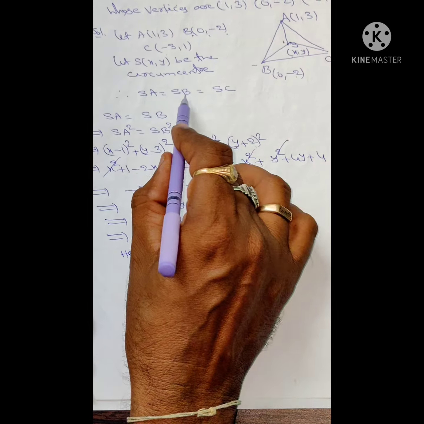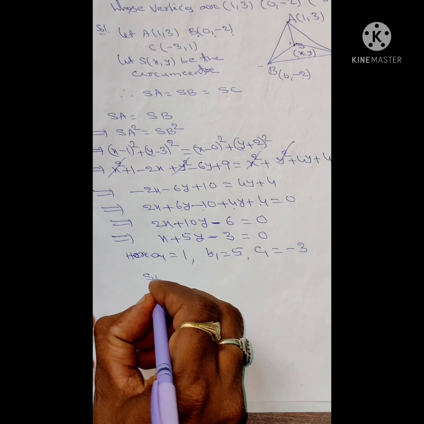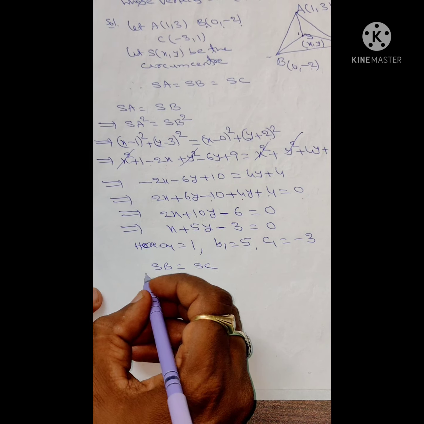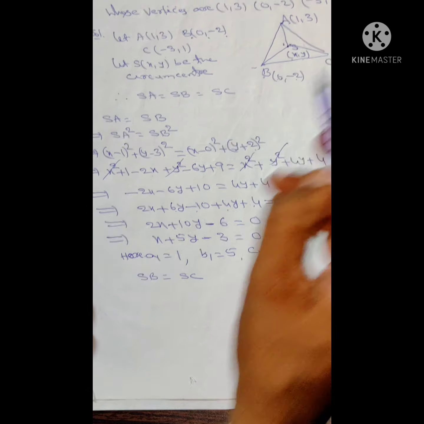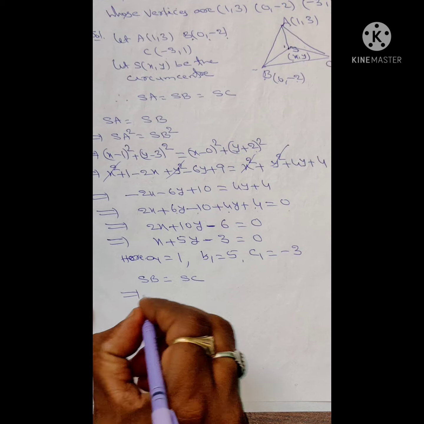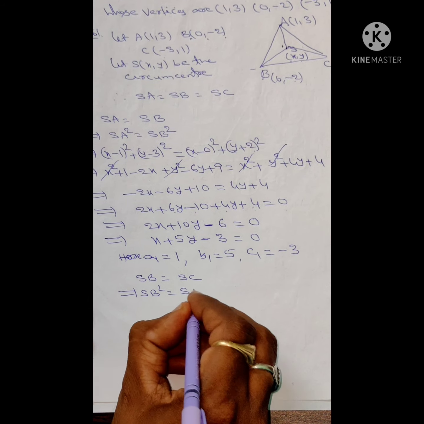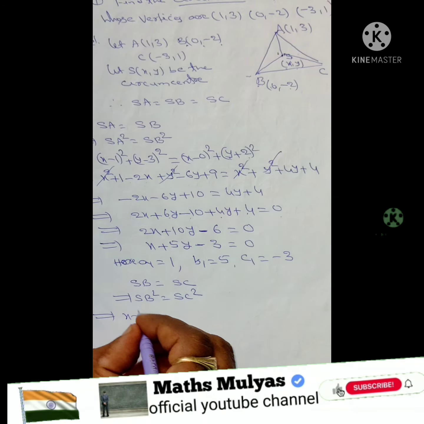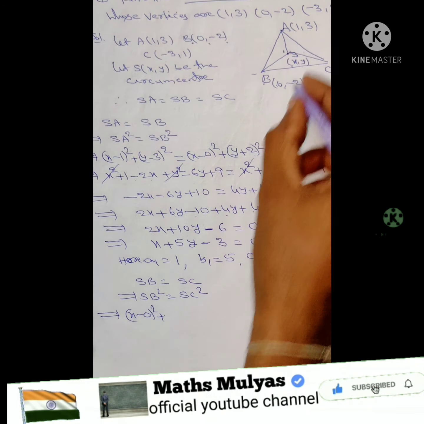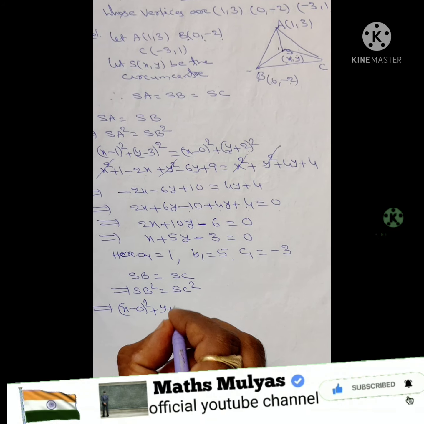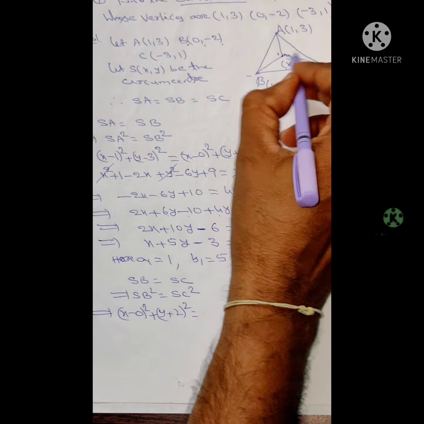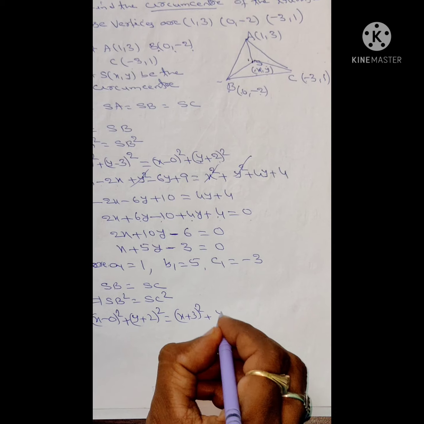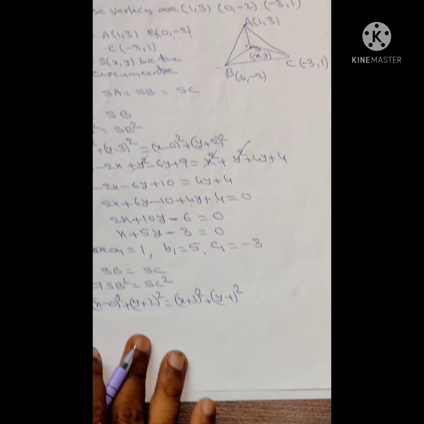Now let us take another condition: SB is equal to SC. SB means the distance between S and B, so SB square is equal to SC square. This implies (x minus 0) whole square plus (y plus 2) whole square equals (x plus 3) whole square plus (y minus 1) whole square.